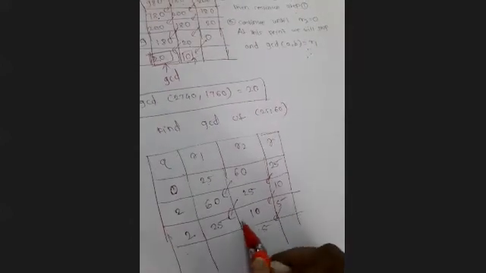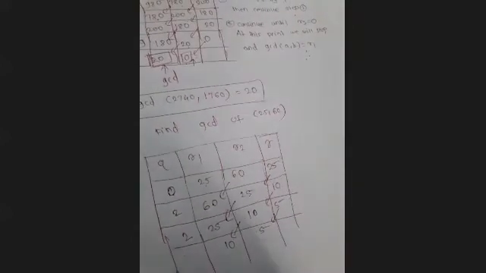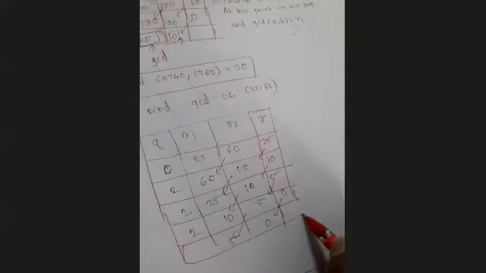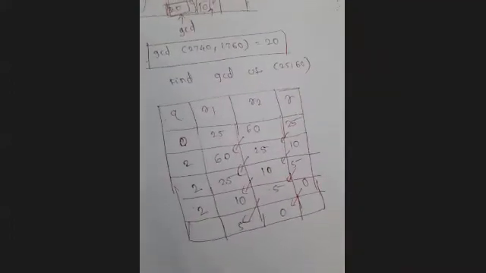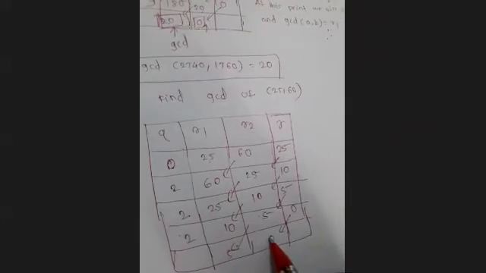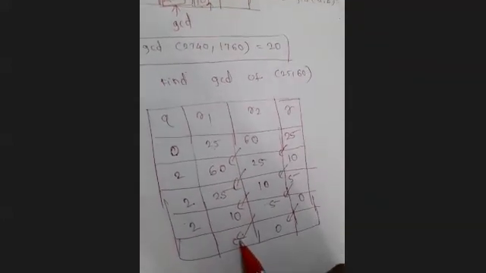So 5 we can write here, 10 we can write here. 0, 0, and the 5. So once we get the R2 value as 0, then whatever the R1 value is, that will be your final GCD. So the GCD of 25 and 60 will be 5.